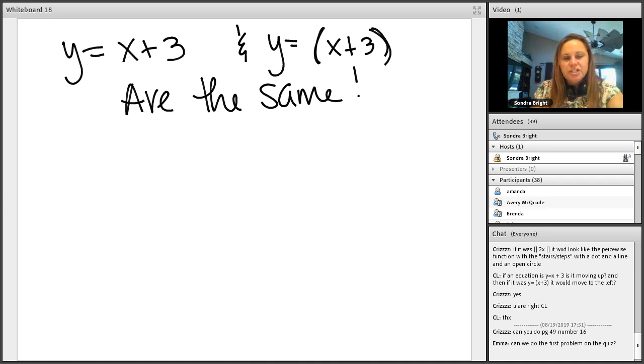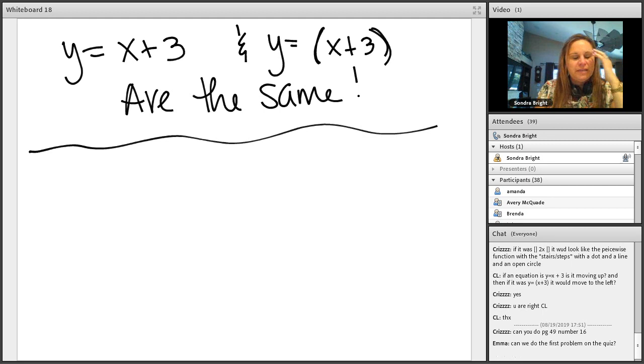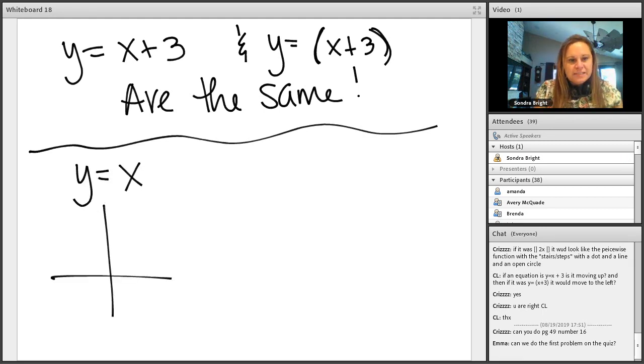So is it a shift up 3 or is it a shift left 3? It's both. Because you could think of it both ways, but I don't want to confuse y'all. But it's only unique to this guy. The line y equals x looks like this, right?